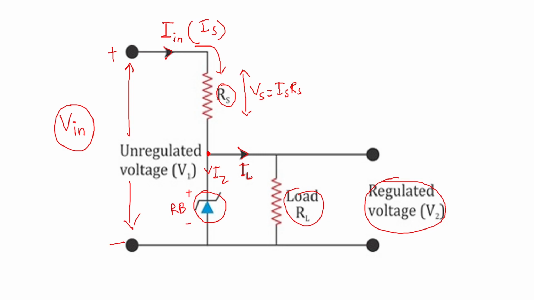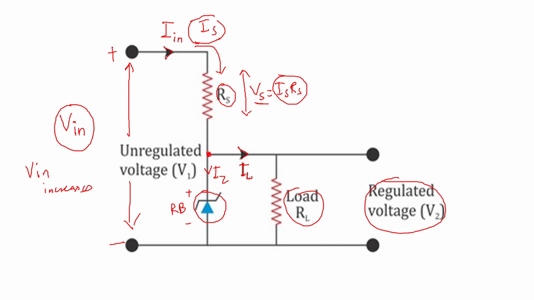Now if the input voltage V in increases, automatically the input current IS will increase. When IS is increasing, the voltage across RS will increase.